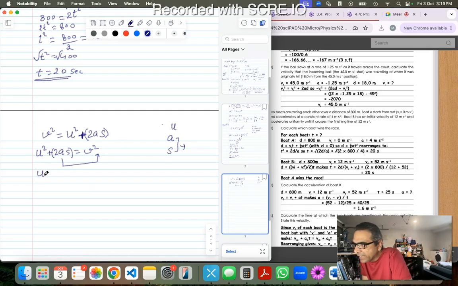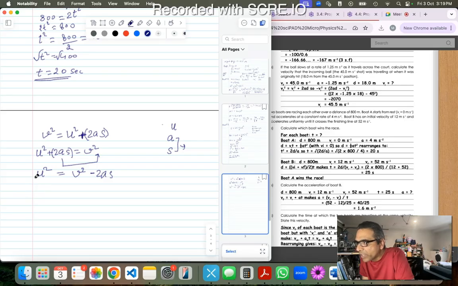So I can say u square equals v square minus 2as. Got it? The next thing will be taking the square root of both sides.